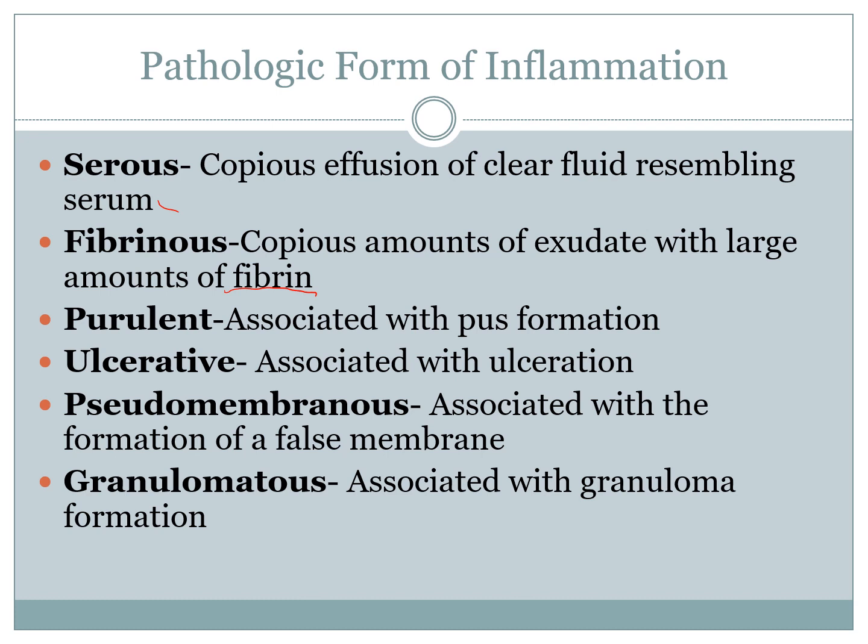When it moves to purulent, it's no longer exudate because we're dealing with leukocytes after phagocytosis has occurred. So once phagocytosis has occurred and we start to get a pus formation coming through the inflammation, that is what's known as a purulent inflammation. Ulcerative is obviously the form of an ulcer.